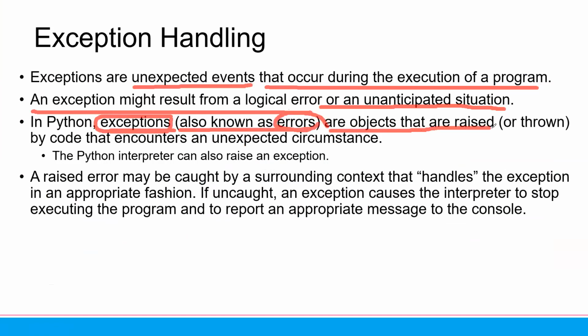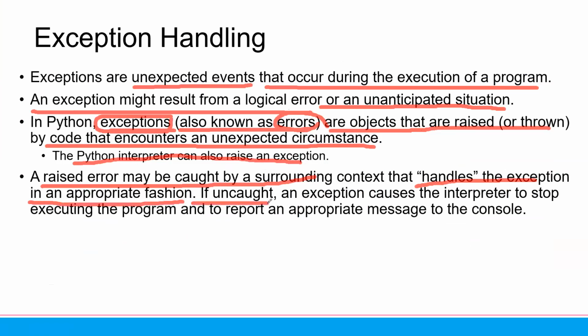Exceptions are objects that are raised or thrown by code that encounters an unexpected circumstance. So the Python interpreter can also raise an exception. A raised error may be caught by surrounding context that handles the exception in an appropriate fashion.